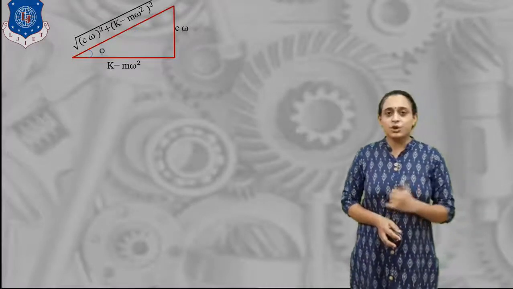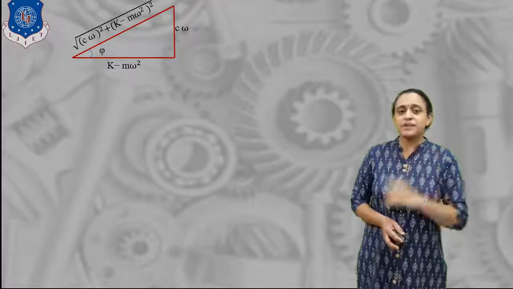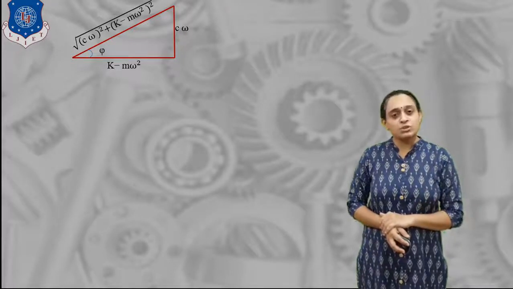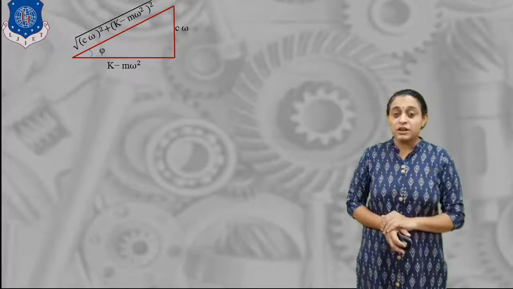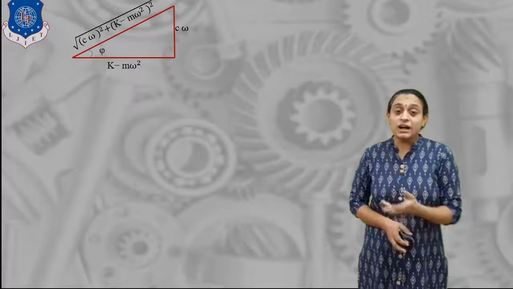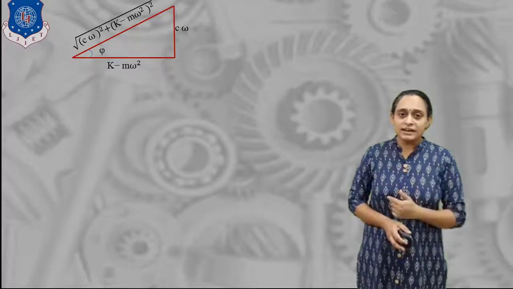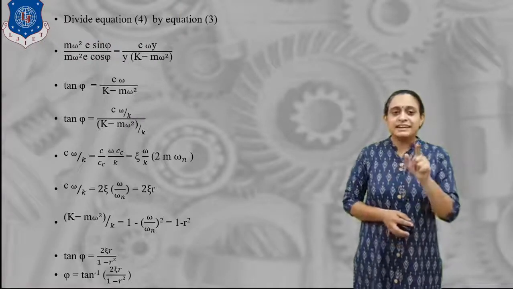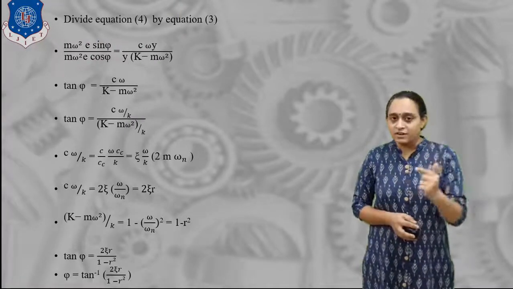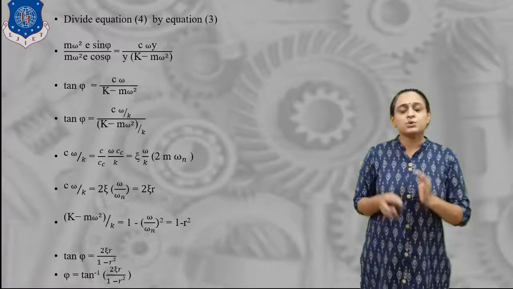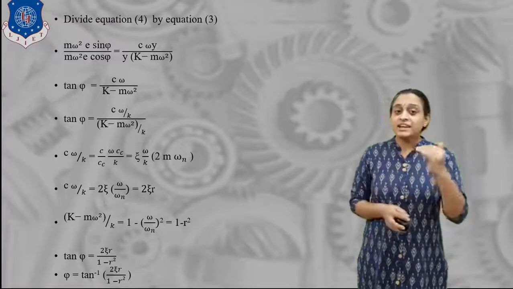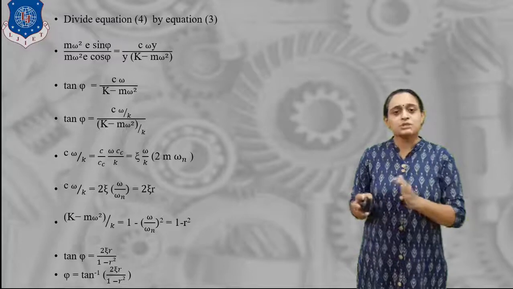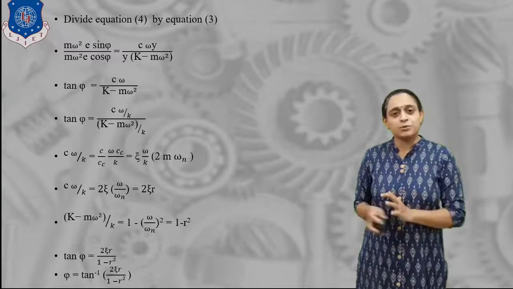So here, as we all know, C omega and K minus m omega square both are perpendicular to each other. Now, there is the question how we will get this diagram. So here, if you see what we will get, tan phi is equal to C omega upon K minus m omega square.